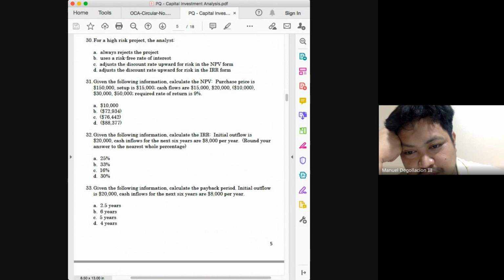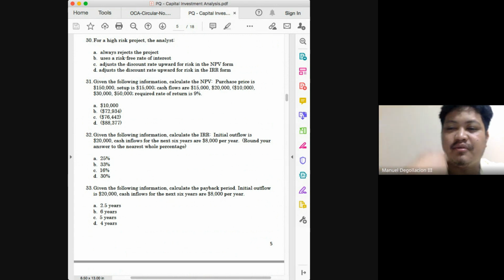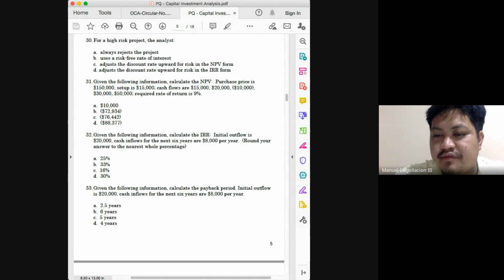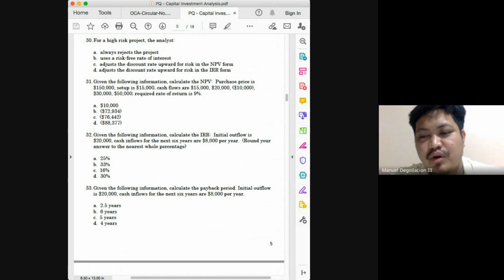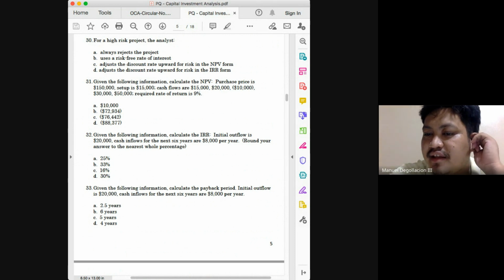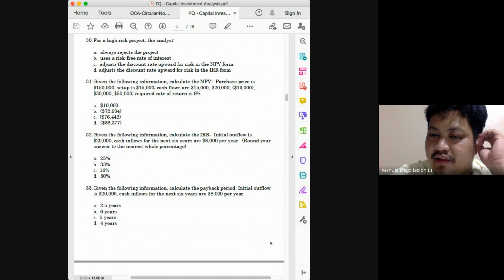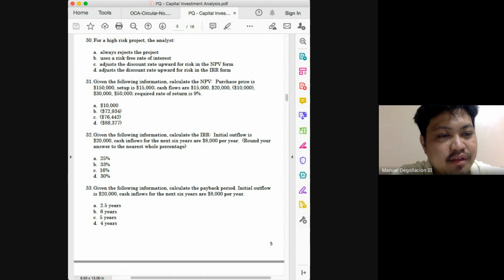You will get a total of 105. If you discount 105 by 9%, then you deduct 165 from it, you would get 88,377, a negative amount. So the answer there would be delta.